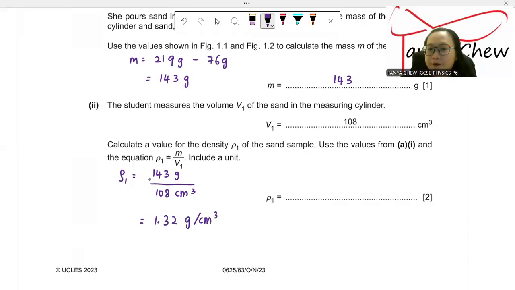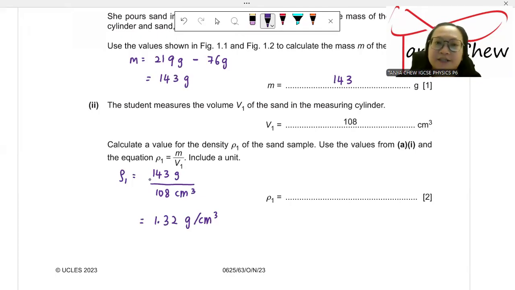Now, before I write down my final answer, I need to bear in mind that rho 1, which is the density of the sand sample, is actually called calculated data. So I also want you to bear in mind that for calculated data, you have to look at the significant figures of the raw data.